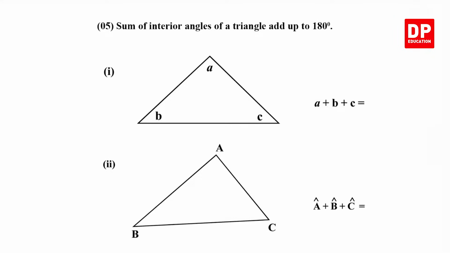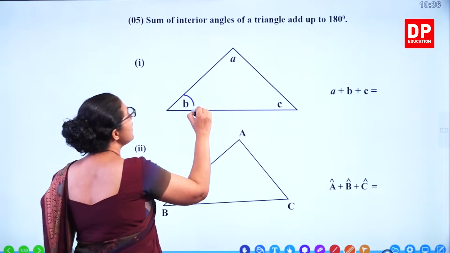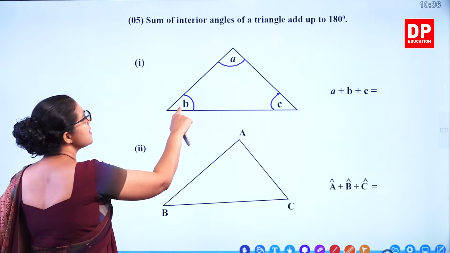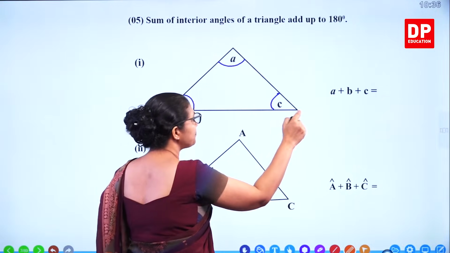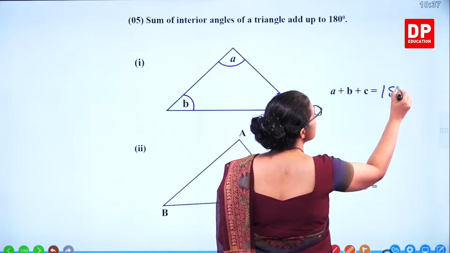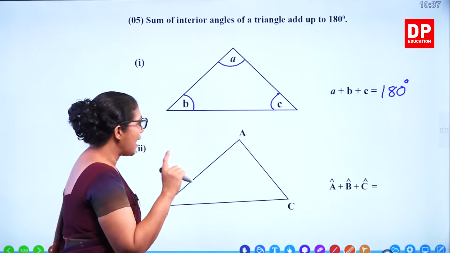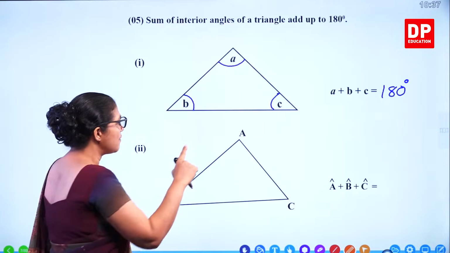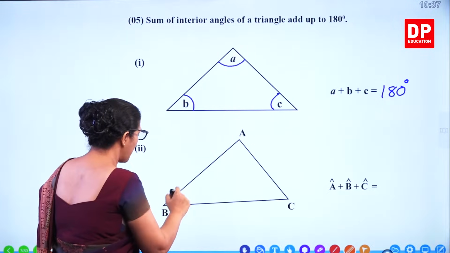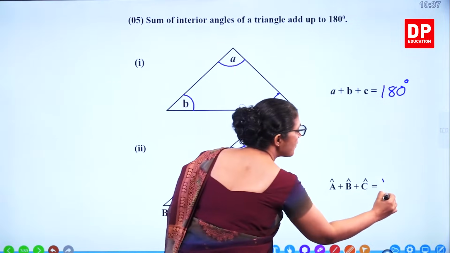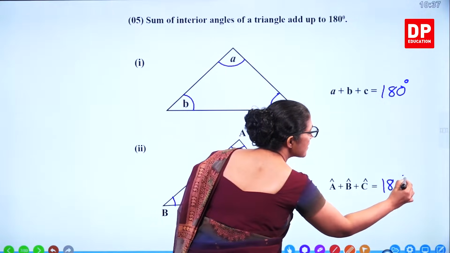Sum of the interior angles of a triangle add up to 180. So these are the three interior angles of a triangle. So what is A plus B plus C? We know that it's 180. You did this before. And if you are writing with angles, angle A plus angle B plus angle C, that's also 180 degrees.